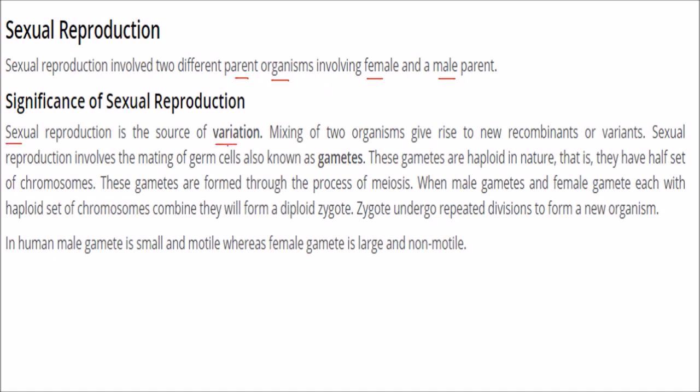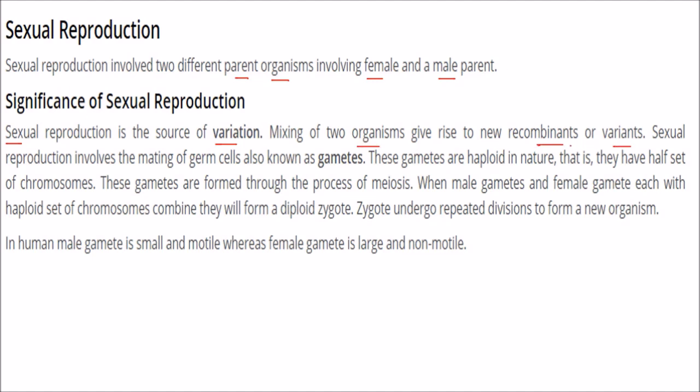If you do asexual reproduction, then most of the time the offspring is identical to the parent, because only one parent is involved. But here there will be variation. So mixing of two organisms will give rise to new combinations or variants.